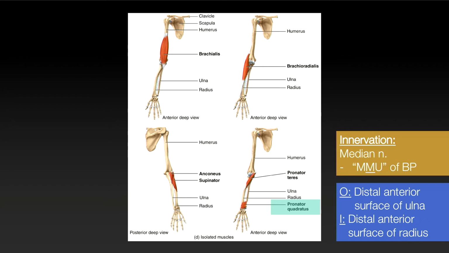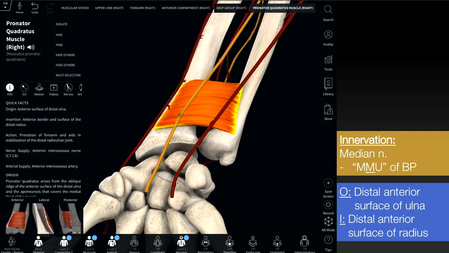It contracts across the radius and the ulna in order to pronate the forearm. You can see that example highlighted here. The distal anterior surfaces of both forearm bones. You connect these 2 points, you contract and shorten the muscle, and you bring the radius over top of the ulna to pronate the wrist.